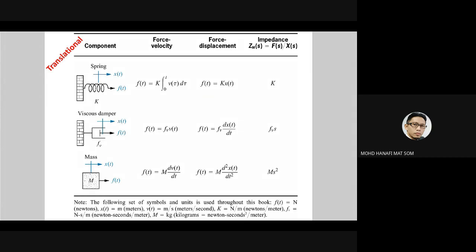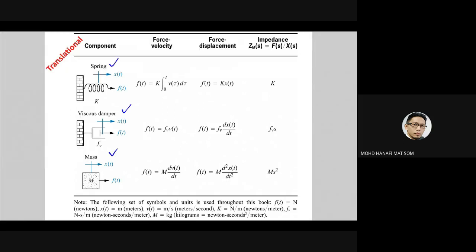Let's see the translational first. In this course, we will only consider three components that can be used in translational movement: a spring, a viscous damper, and a mass.